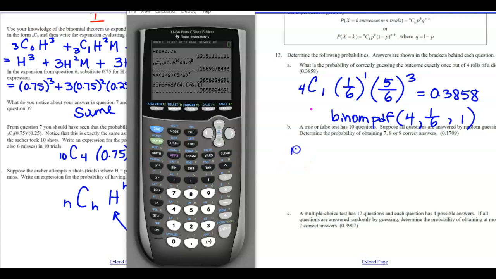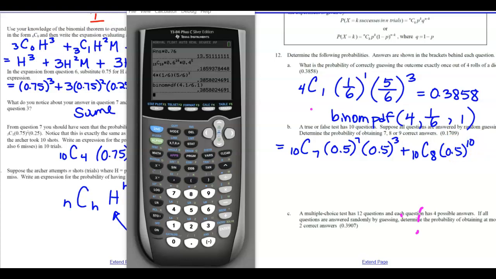So, 10 questions, and getting 7 correct. True or false, the probability is 0.5 or 1/2. 7 correct, and same probability for incorrect. So really, all of these, you could simplify this to 0.5 to the exponent 10. That's 7 correct. 8 correct, so really, I can just do that, because these probabilities are exactly the same.